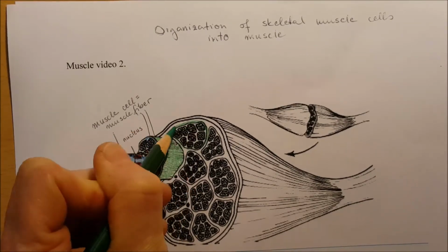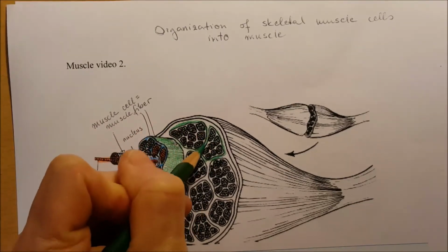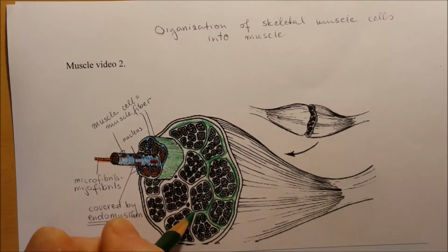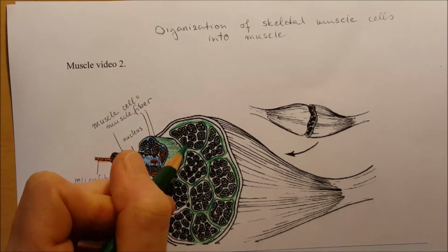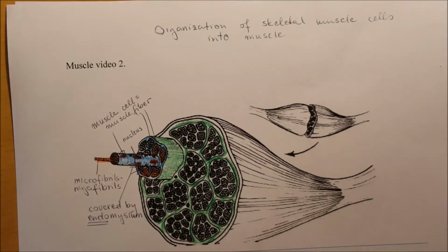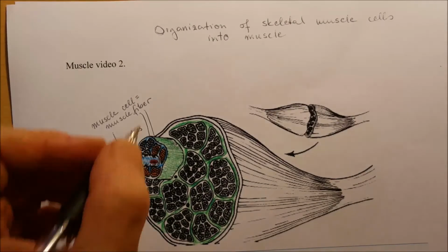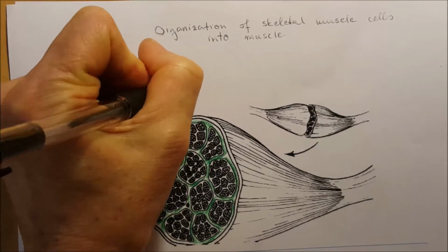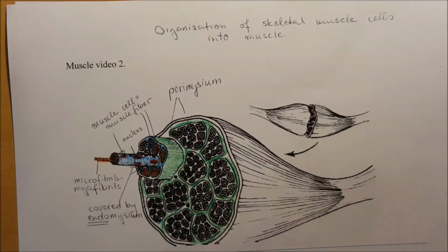It's called the perimysium. The perimysium is organizing the individual muscle fibers into bigger structures, and the bigger structures are leading to fascicles.